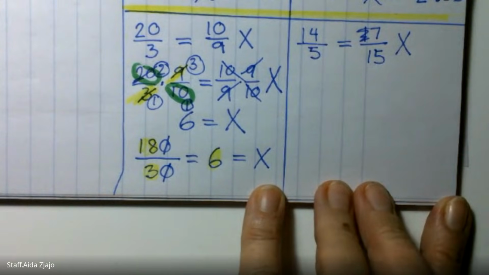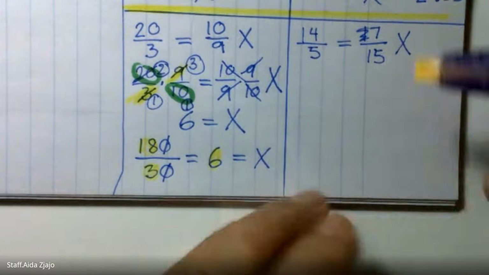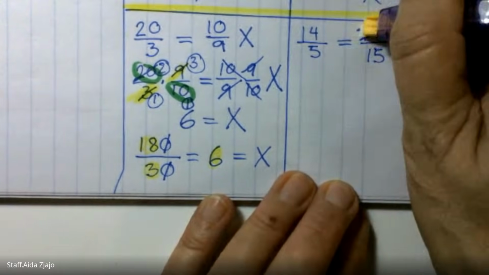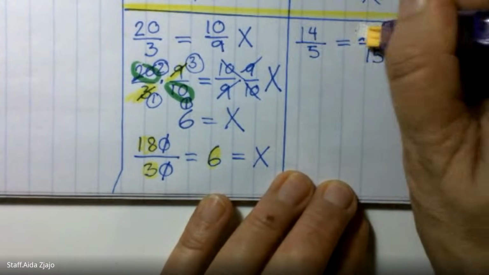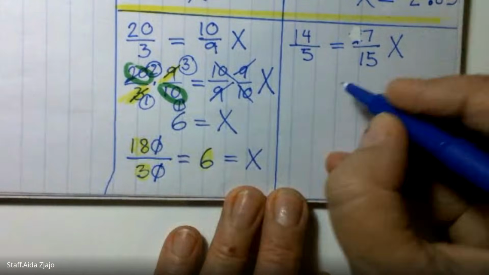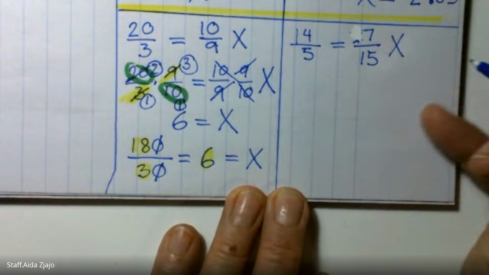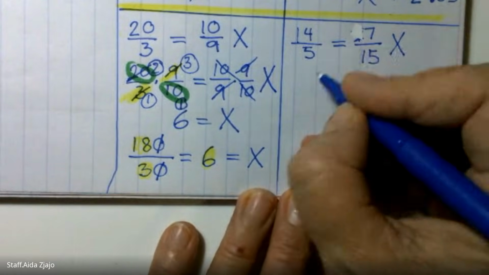Let me see if I can write this out a little bit, because I made a mistake. This is not, oops, that's a 7 only. Okay, so 7/15 needs to be multiplied by 15/7.